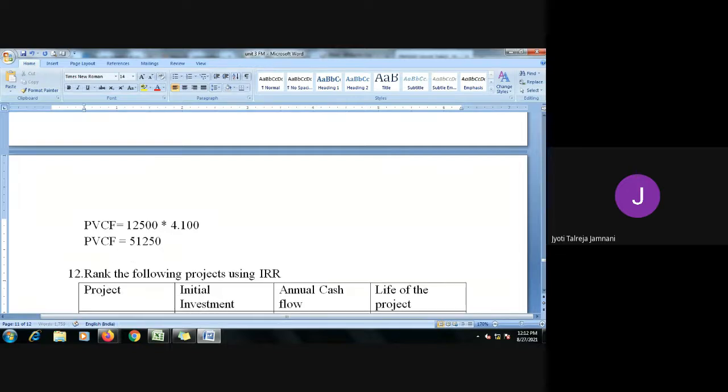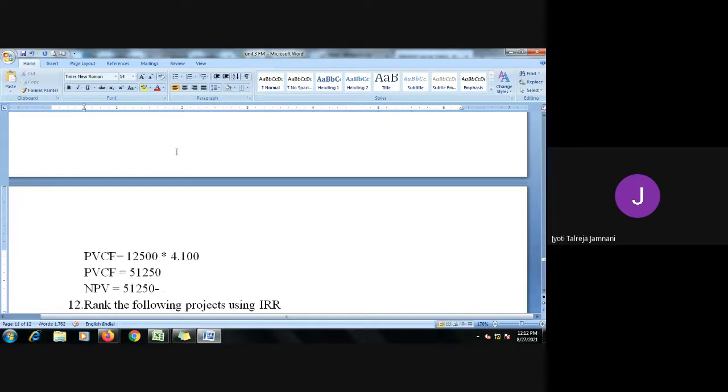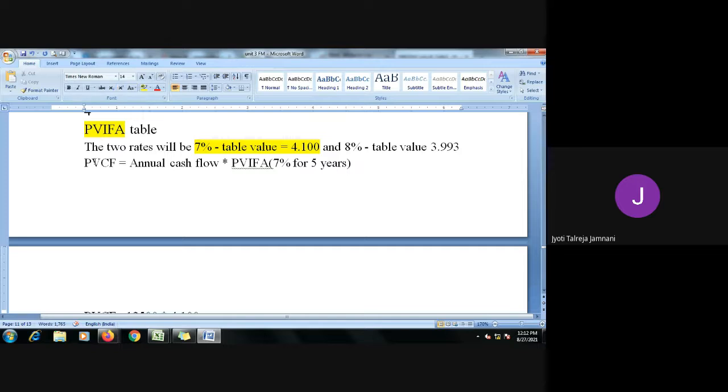Now we can find the NPV at 7%: 51,250 minus the initial investment, which is given here as 50,000 rupees. So you will get 1,250 as NPV for the 7% rate.